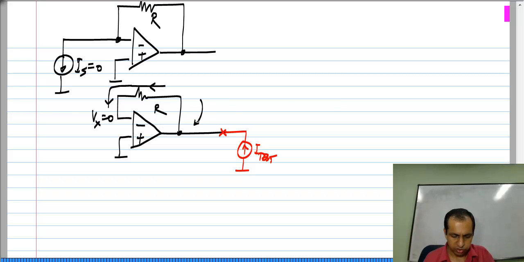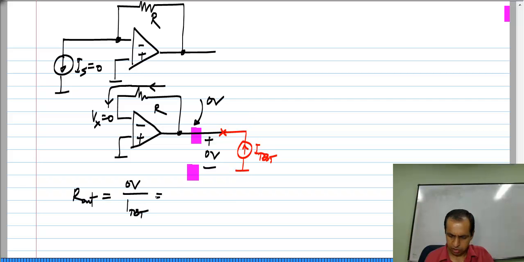So, this voltage here is also 0. So, again the voltage across this is 0, which means that the output resistance, which is the resistance between these two terminals, is 0 volt by I test, which is equal to 0.